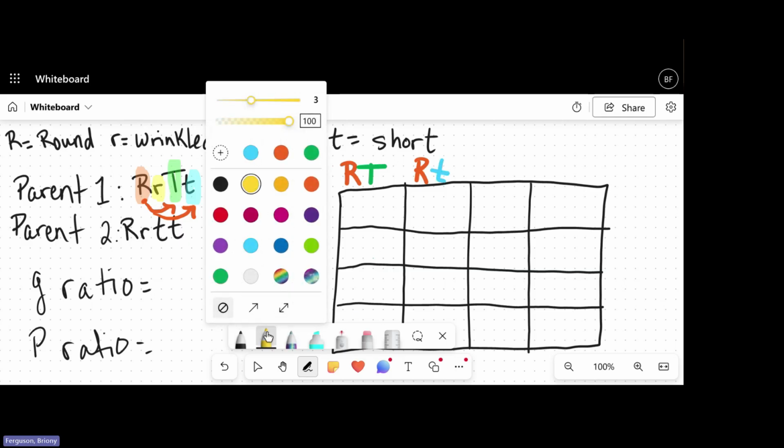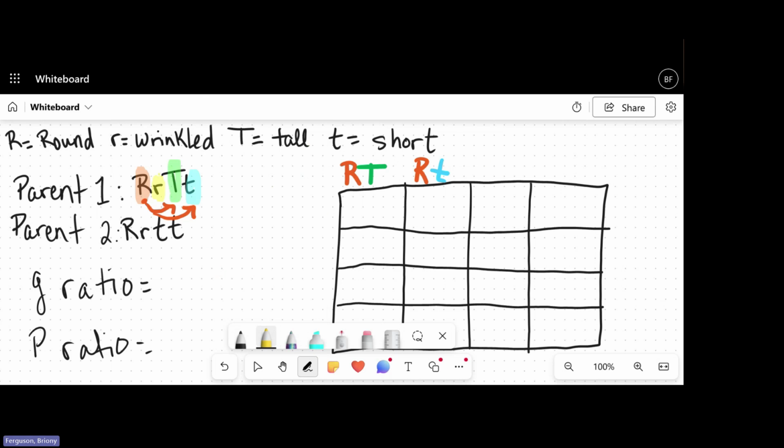Then we will take that next one here and also pair it with each of the T's.